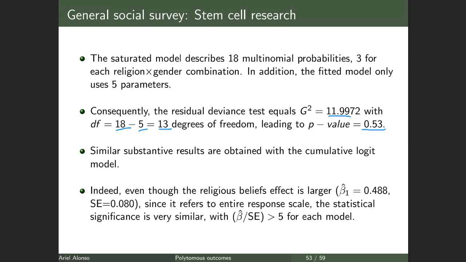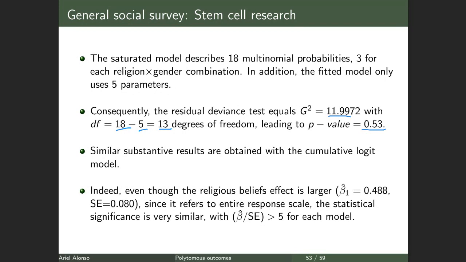And this is a reliable test because here we have only categorical variables, so we know that we don't have any continuous variable. This is going to be fine. And if you apply here the cumulative logit model instead of the adjacent category model, you will get pretty much the same results.